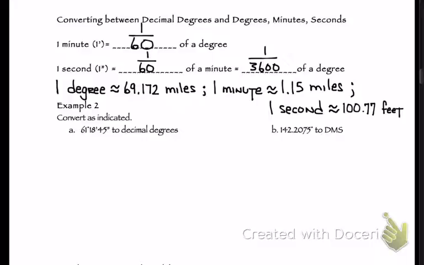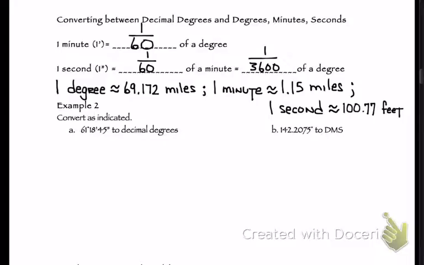So if you travel 1 degree, you're traveling about 69 miles. 1 minute, look at how focused that gets. 1 minute is approximately 1.15 miles, and now 1 second is approximately 100 feet. They go further into milliseconds and all that other stuff, but for our purposes, degrees, minutes, and seconds is going to be good enough.